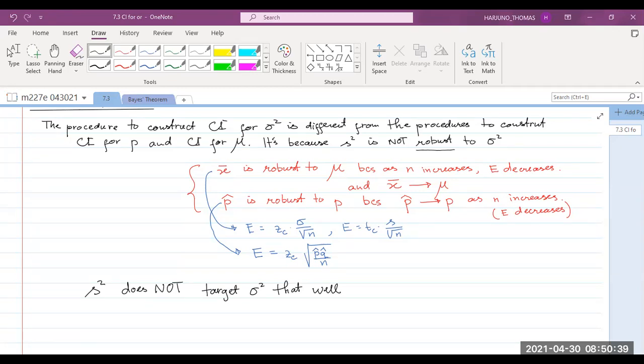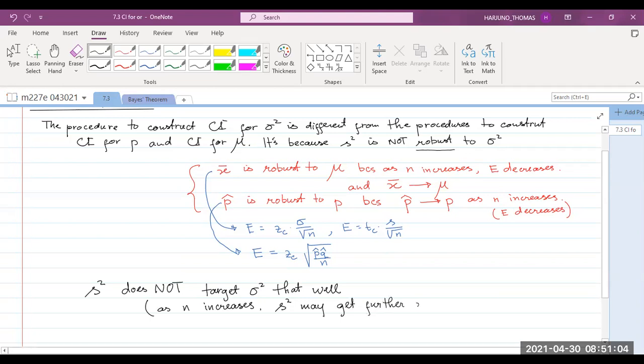Maybe I say this way, as n increases, the sample variance may get further away from the population variance.